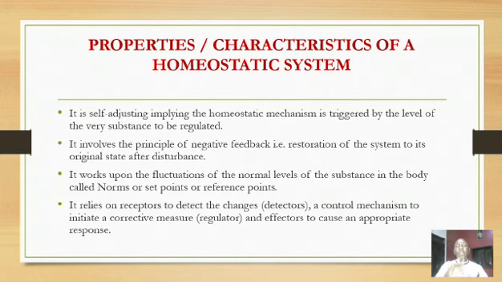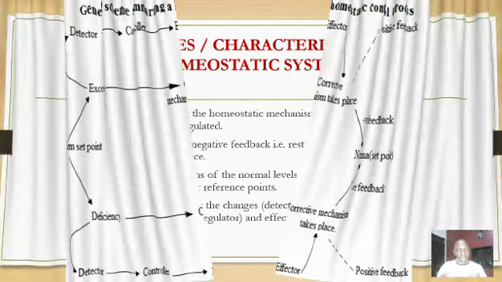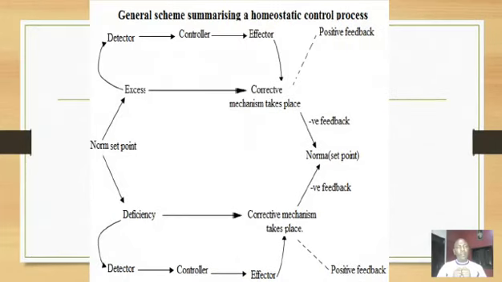Because those three are the ones important in bringing about the negative feedback, and in turn the feedback loop. Meaning, homeostasis cannot occur if there is no detector, no regulator, no effector.